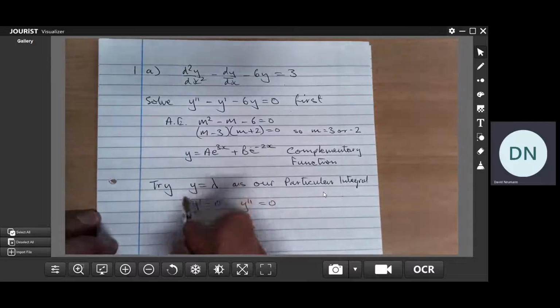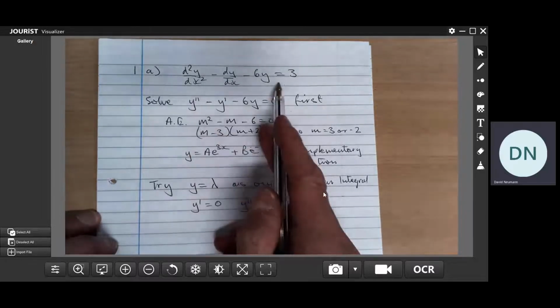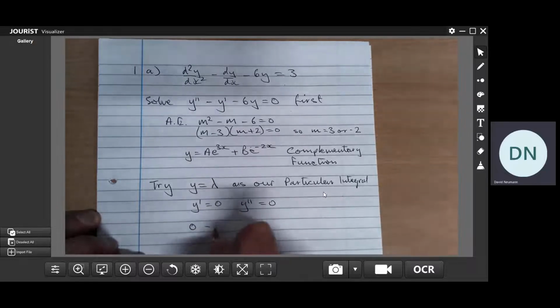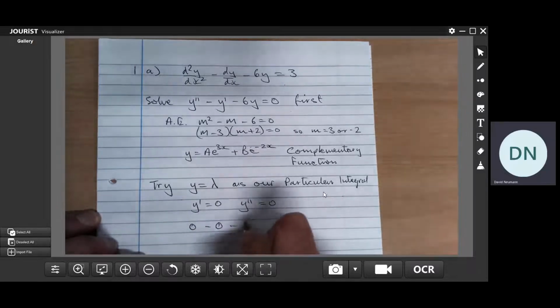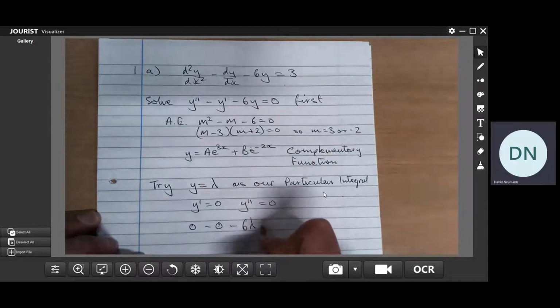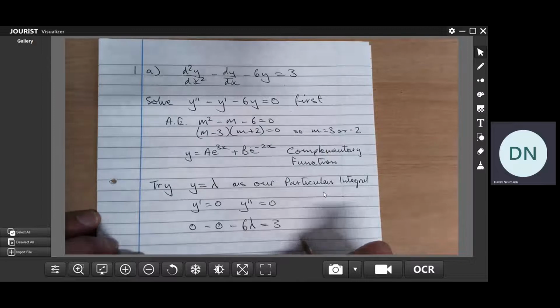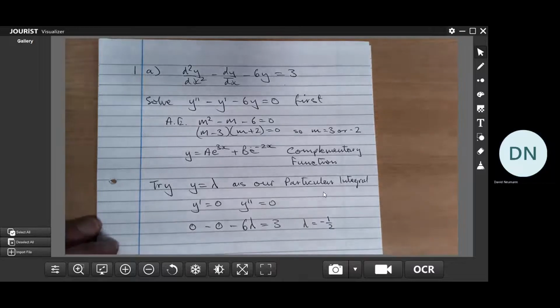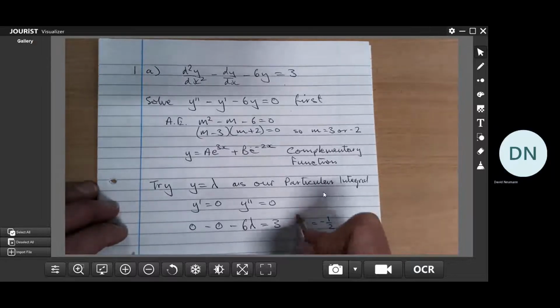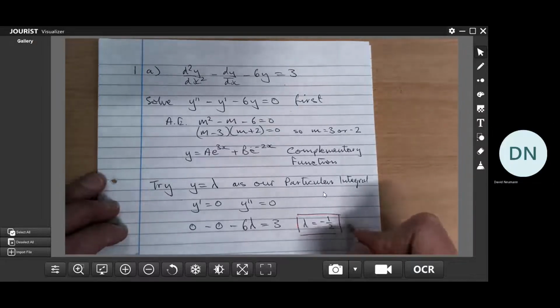We take these three things and substitute them back into this equation. So 0 minus 0 minus 6 times y, which is just lambda, so minus 6 lambda, is equal to 3. That gives me lambda equals minus a half, which is my particular integral.